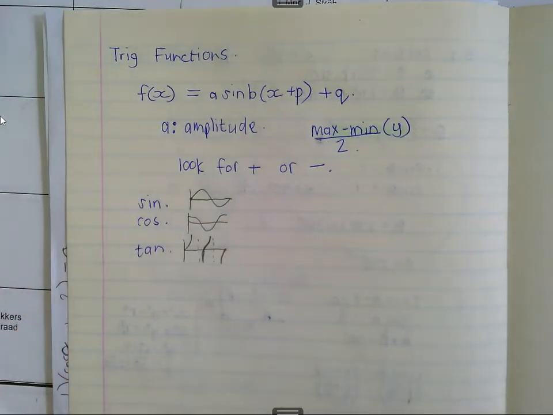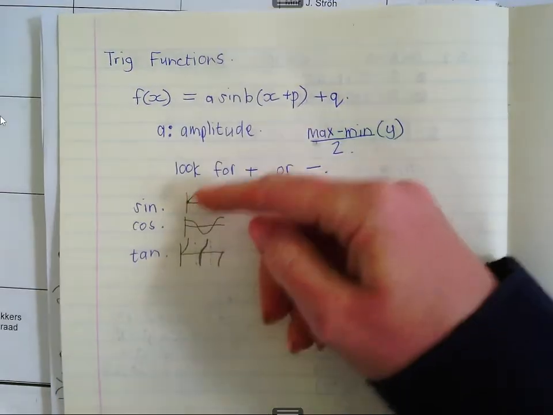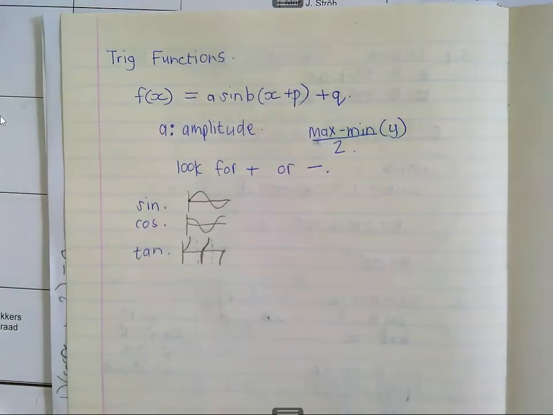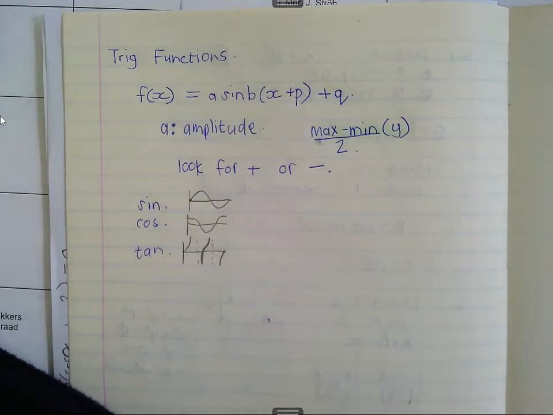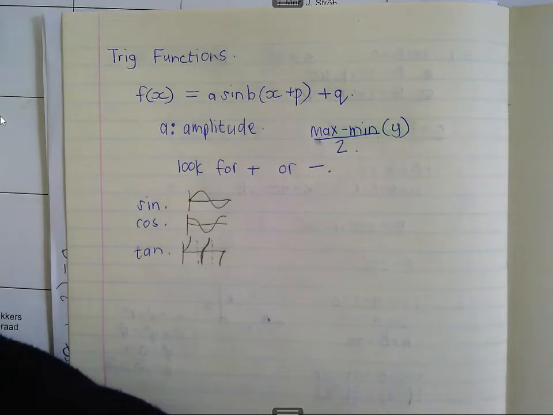In order for us to know the sin graph is negative, it would start by going down and then up. It's the same for these graphs.